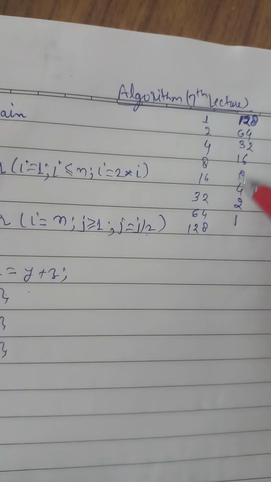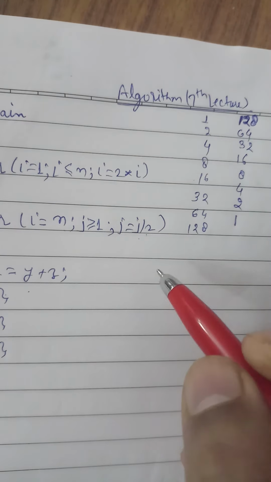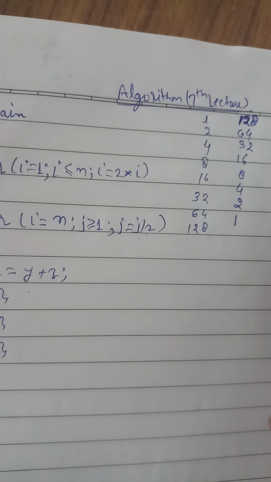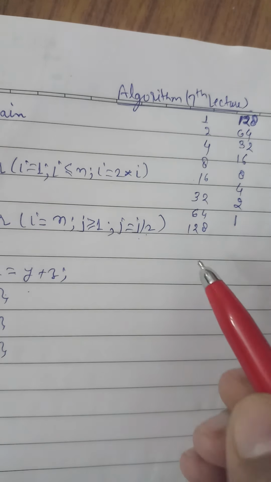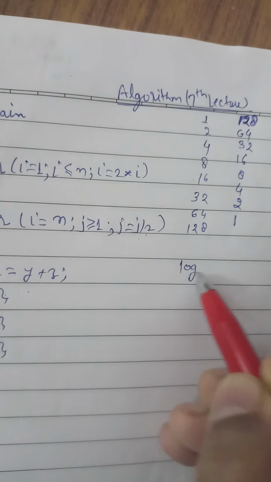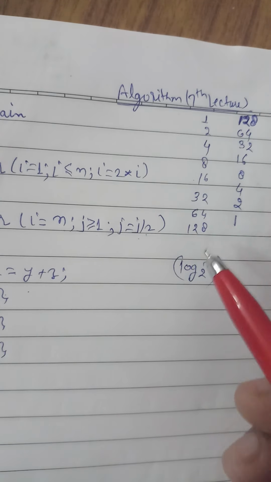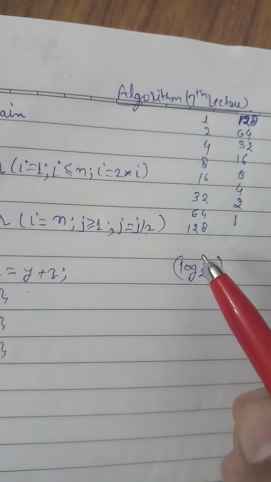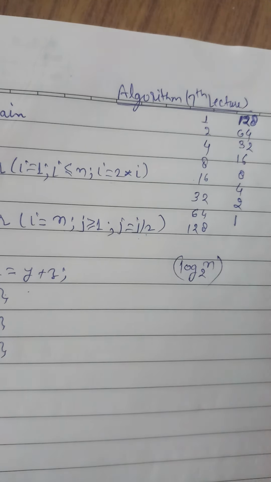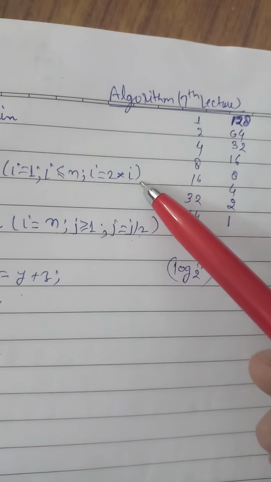So from here we can see that the value is log n base 2. These both values will be log n, because it starts like this: 1, 2, 4, 8, 16, 32, 64, 128, from this i loop.